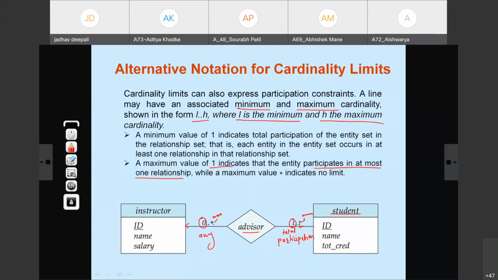In this way we can represent cardinality with L and H values. L indicates minimum, H indicates maximum, but representing with a directed and undirected line is simpler than representing it with L and H values. But this is an alternative notation that you should also know about.